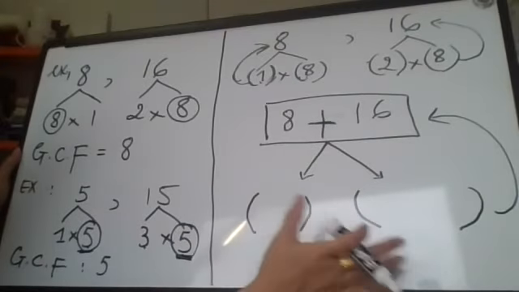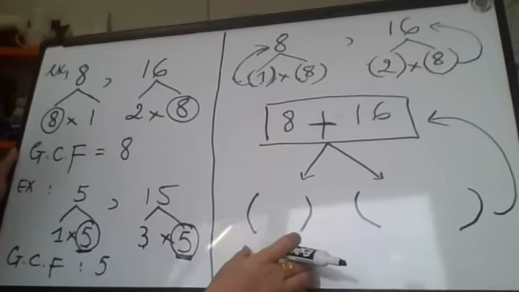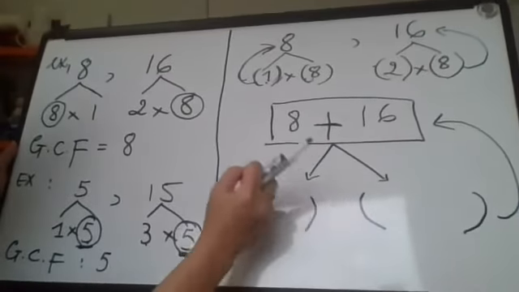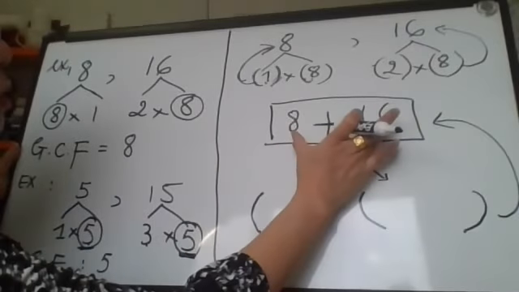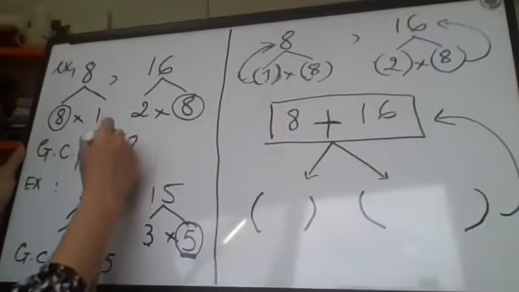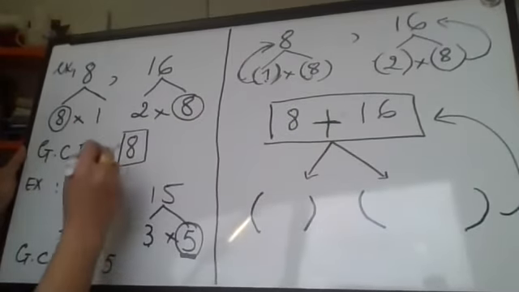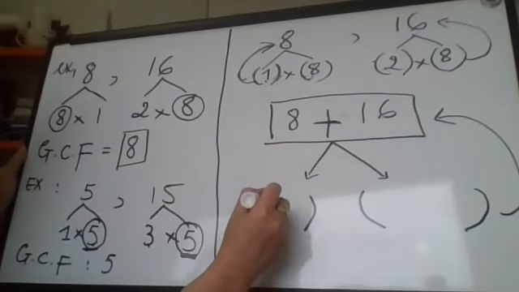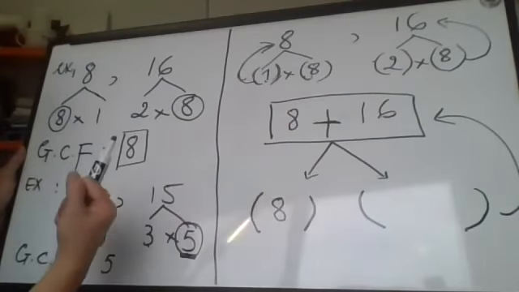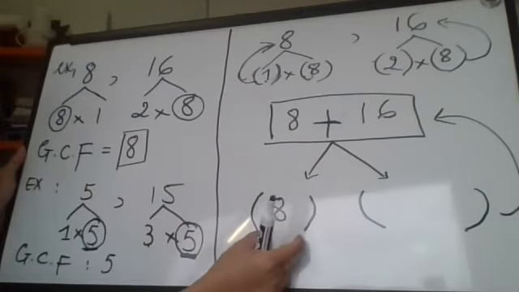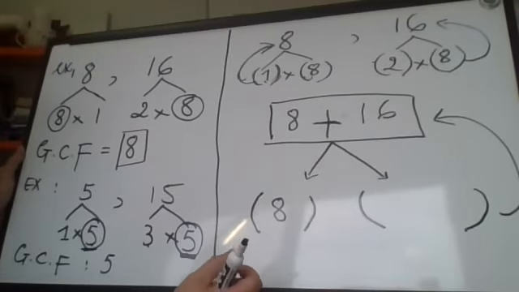So how do I do that? This is what I'm doing. I'm going to pull out the greatest common factor for both of these numbers, which we know is number 8. So I'm going to put the number 8 in the first bracket. I pull out the greatest common factor and put it in the first bracket.